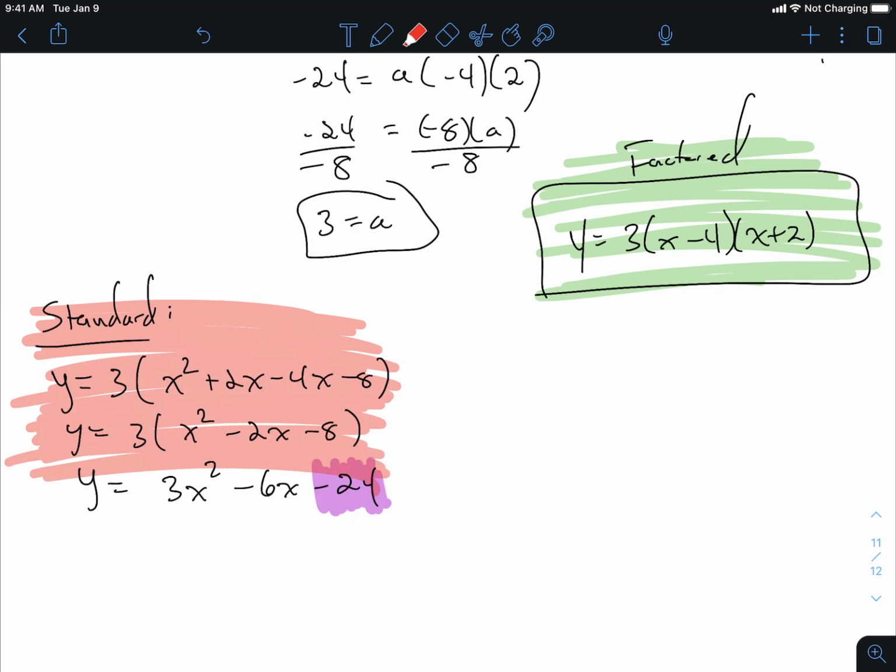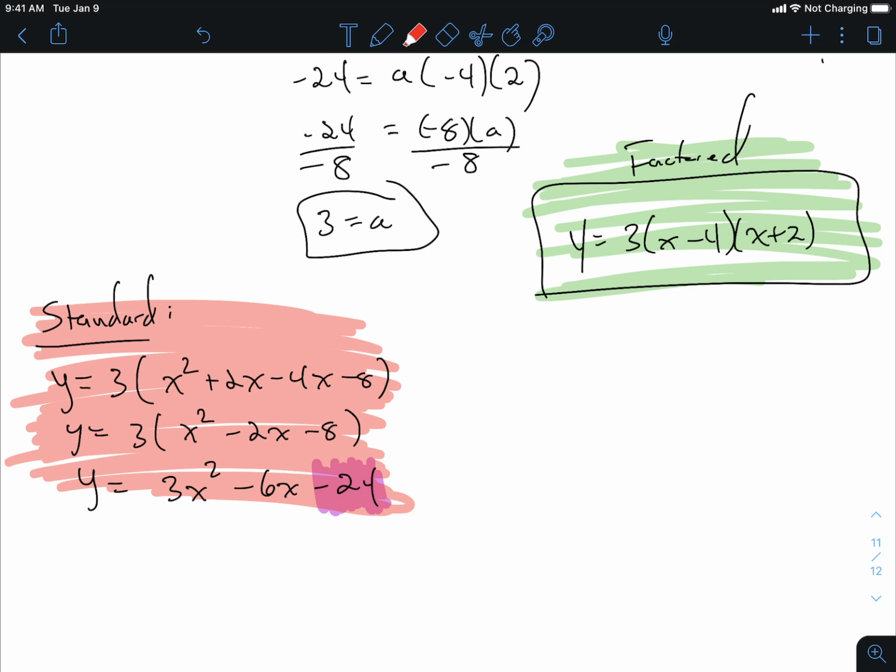What you can do is go from standard to vertex, a process which we've done, or you could go from the factored form, find the middle, the axis of symmetry, plug in the axis of symmetry into the equation, get the y value. Now you know the vertex and you know the a value, and then it's done.